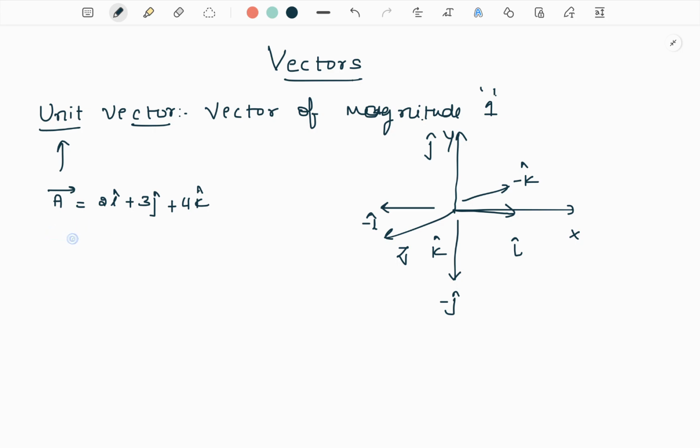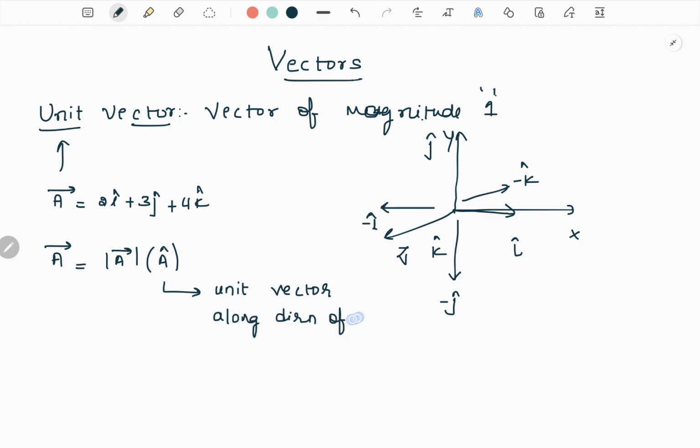Remember one point: any vector can be written as a product of its magnitude and a unit vector in its direction. Here a cap represents the unit vector along the direction of a bar, or parallel to a bar.